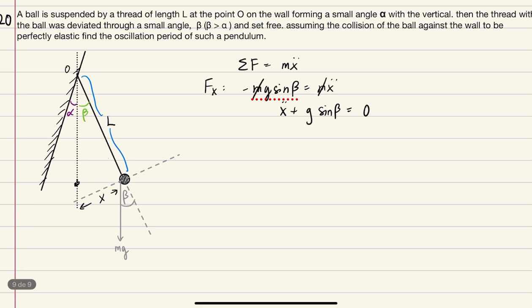So for small angles, beta is equal to sine beta, which is equal to tangent beta. And tangent beta would be opposite over adjacent, x over L. And x represents the displacement of our ball, or the position of our ball at any time. So we can now replace the sine beta with x over L.